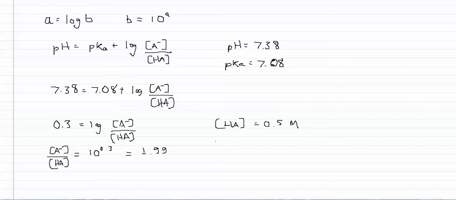So if we start with our equation that 0.3 equals log of A minus over 0.5, and we want to isolate A minus here.